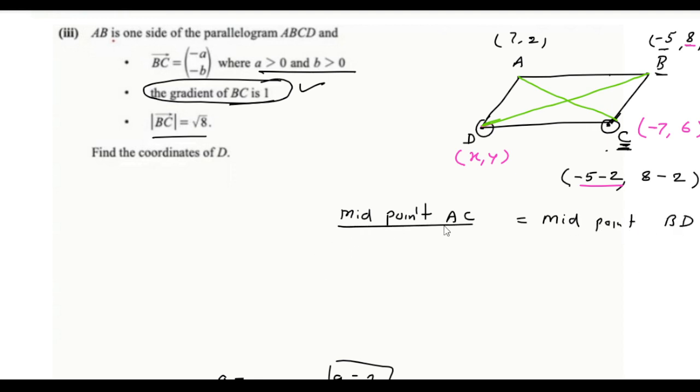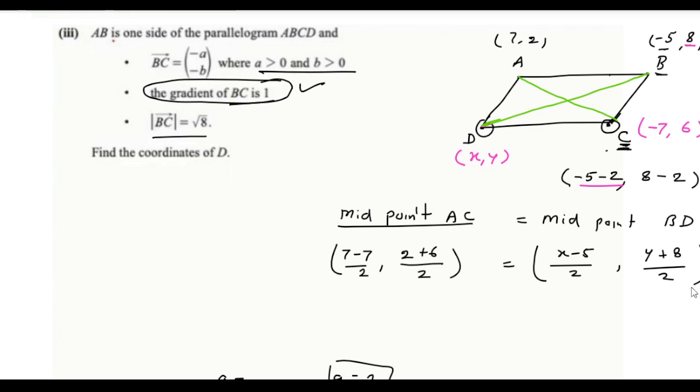Now you know the midpoint formula. For AC it is 7 minus 7 divided by 2, comma 2 plus 6 divided by 2. And here the midpoint of BD will be x minus 5 divided by 2, comma y plus 8 divided by 2. If you compare both the sides you will get x is equal to 5.